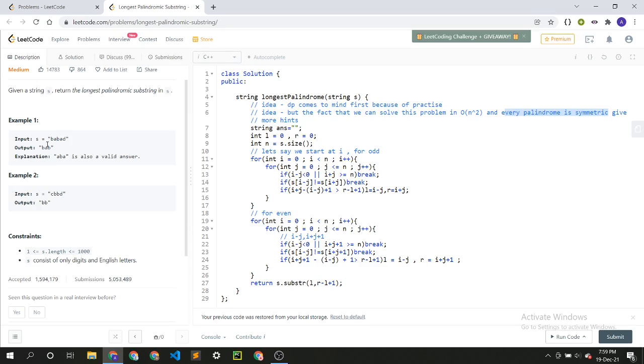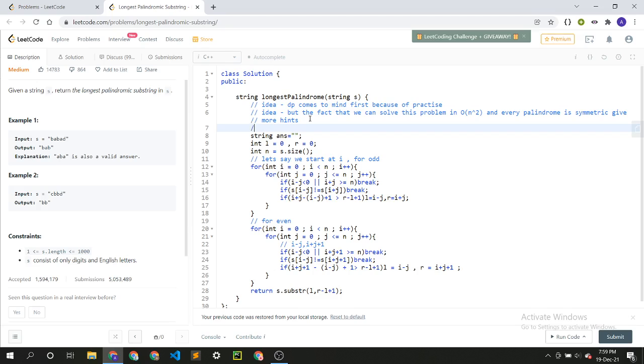So for example, if our string is a c a d b, and we think of C as the center of a palindrome, first we traverse here, it is still a palindrome, then we will count it as our answer.